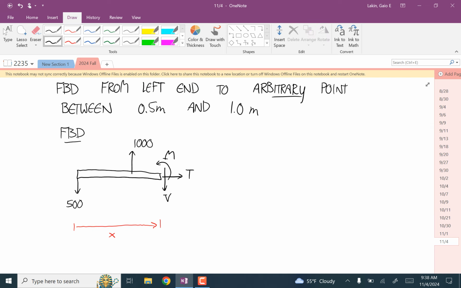Are you picking the 1 meter just because it's easier math, or why not stop just before the 500 on the other end? Well, because what we're trying to do is come up with a representation that represents everything, not at a single point anymore. We're trying to come up with a calculation that works for x equals 0.500001, and it also works for x equals 0.99999.